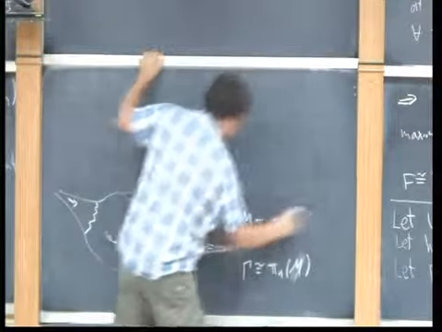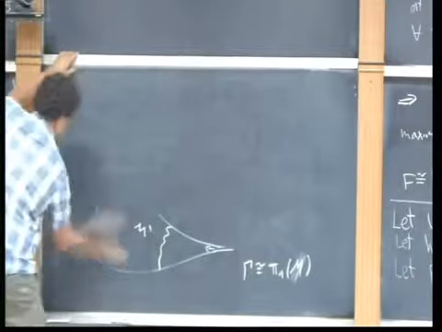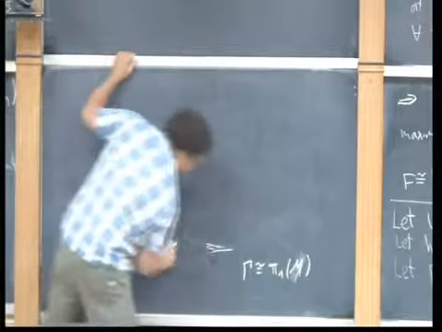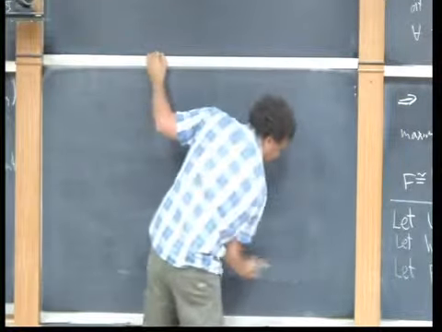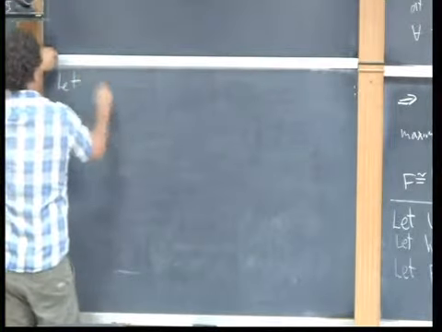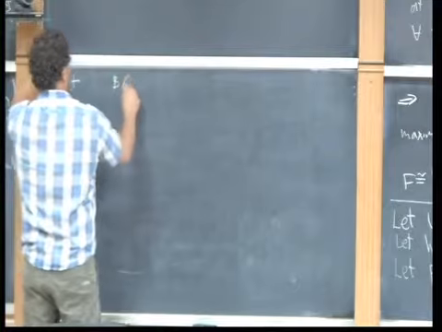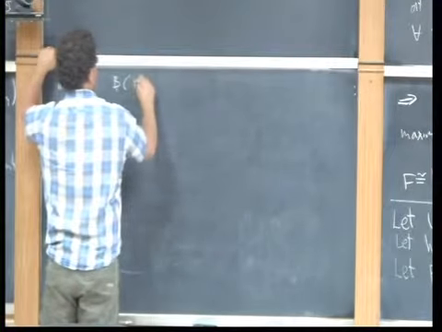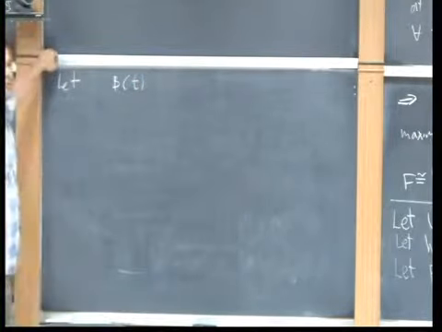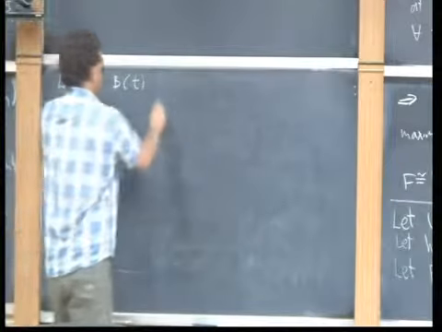And now I define beta of t. I need to define a function.